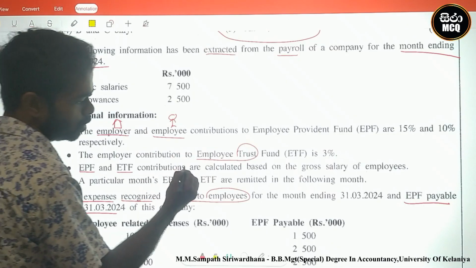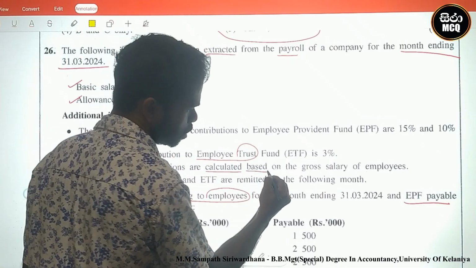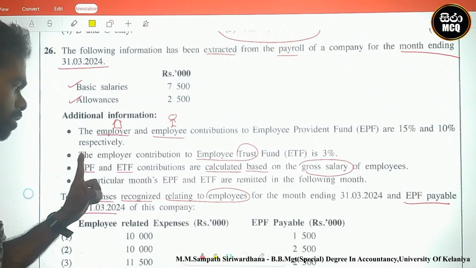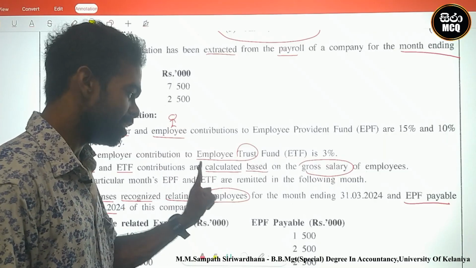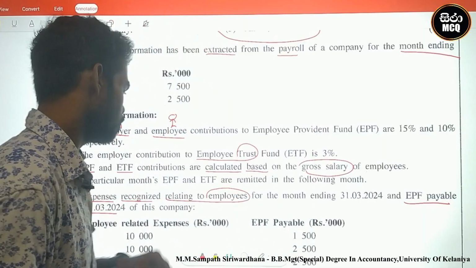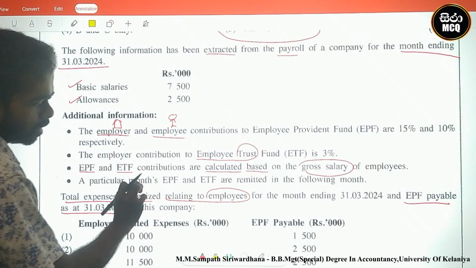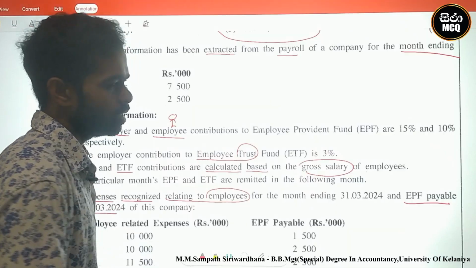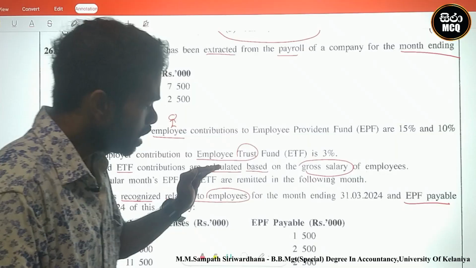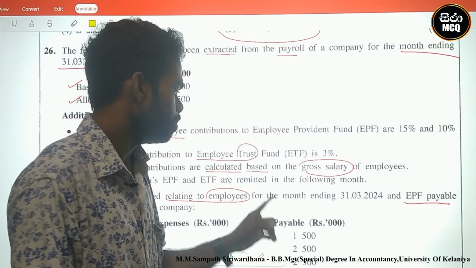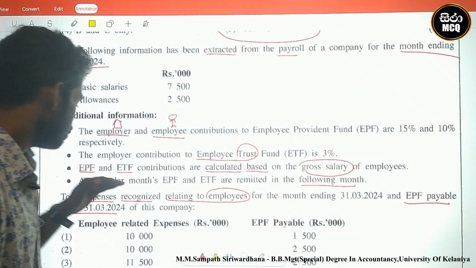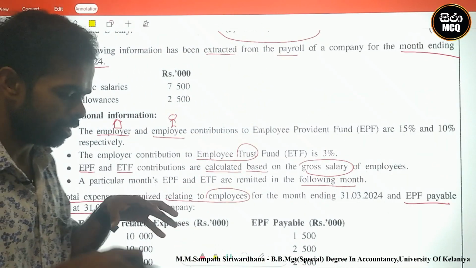EPF and ETF contributions are calculated based on the gross salary of employees. What is the base? The gross salary of employees. EPF and ETF for a particular month are remitted, that means paid, in the following month, the next month.